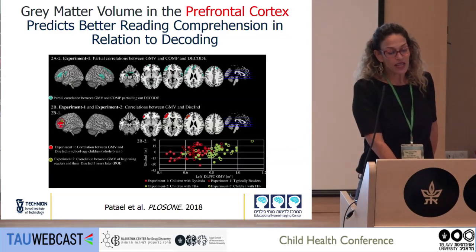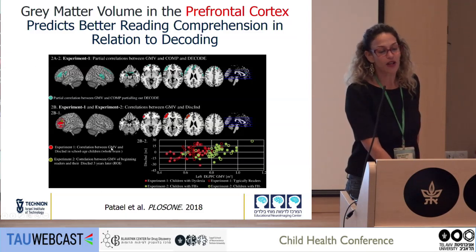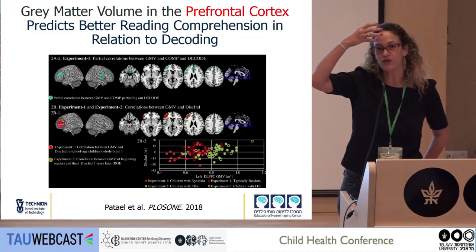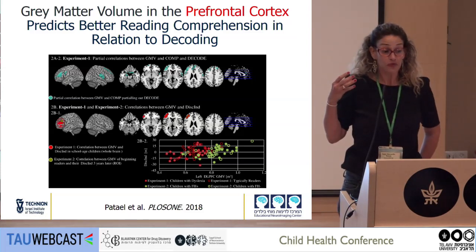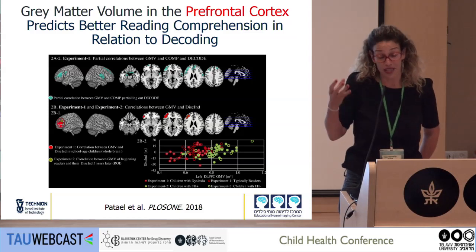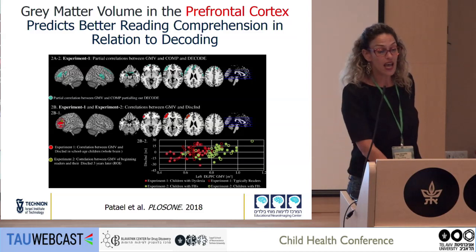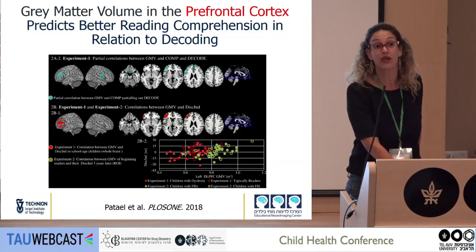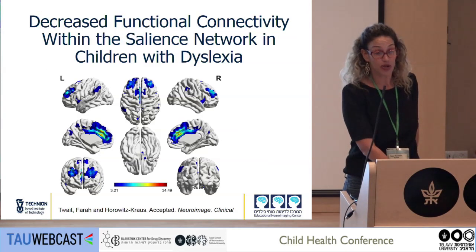And we see more evidence coming up in recent years showing that increased gray matter volume in the prefrontal cortex, which is another region in the frontal part of the brain that is part of several executive functions networks, was related to increased reading comprehension, both in children with dyslexia and typical readers.